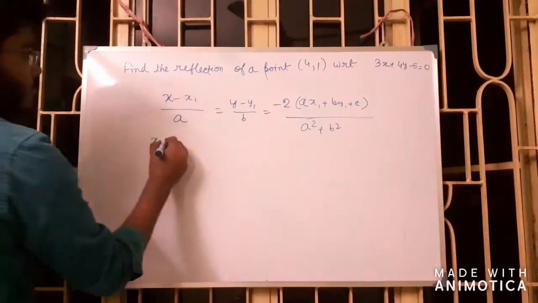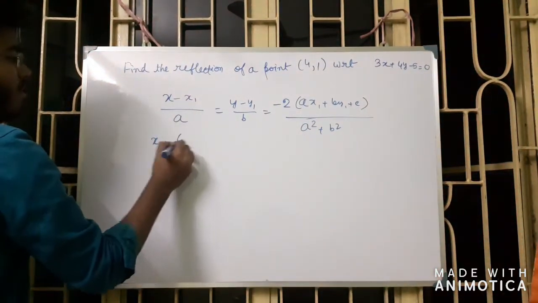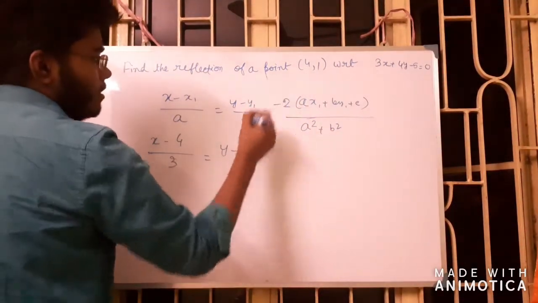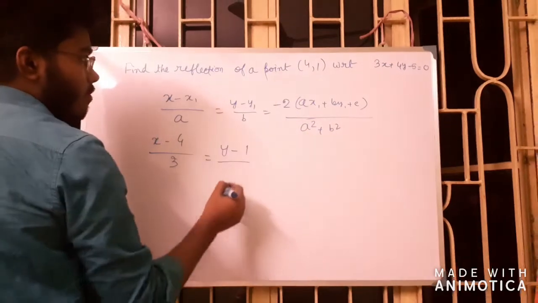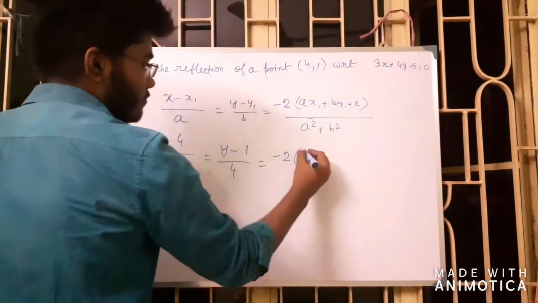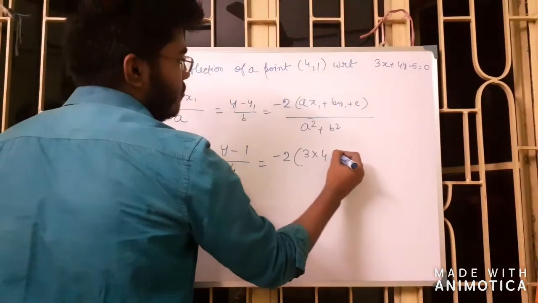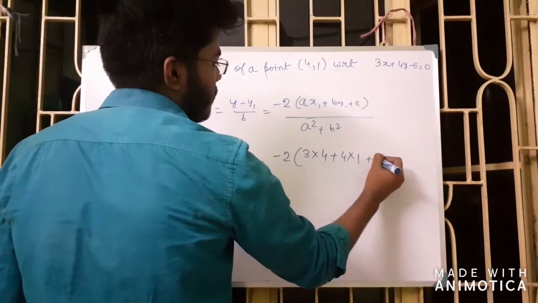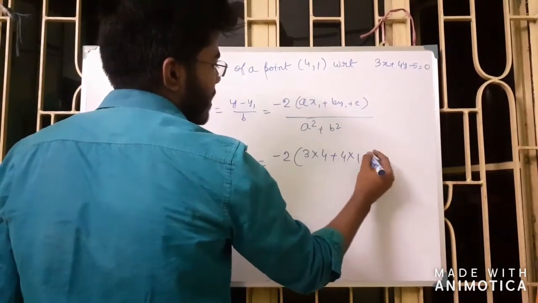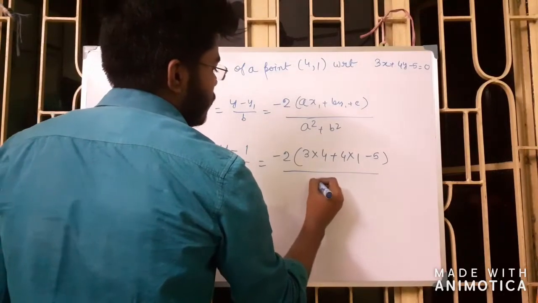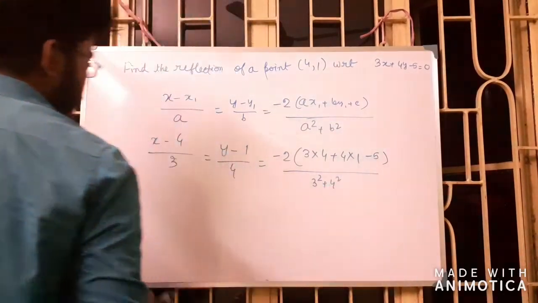What is x1? 4. What is a? 3. What is y1? 1. What is b? 4. So (3 times 4, plus 4 times 1, plus c, which is minus 5) by 3 square plus 4 square.